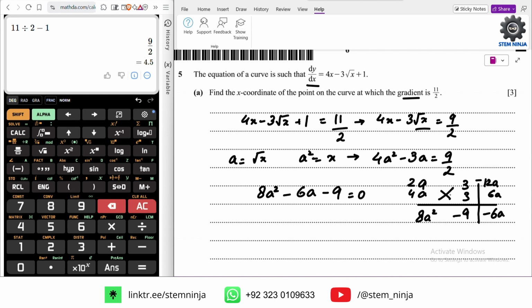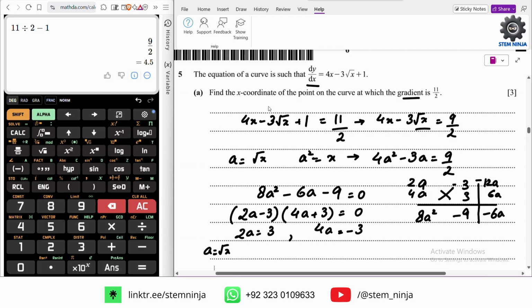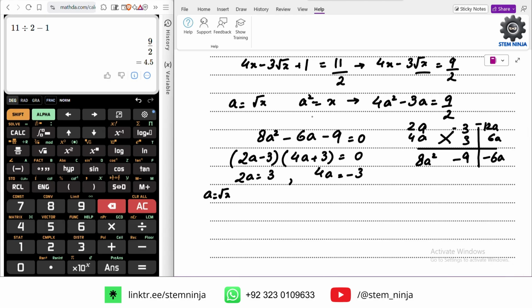So that means 12 has to be negative. So you have 2a minus 3 and 4a plus 3 equal to 0. So you have either 2a equals 3 or 4a equals minus 3. a is basically root x. So you have, right, okay.